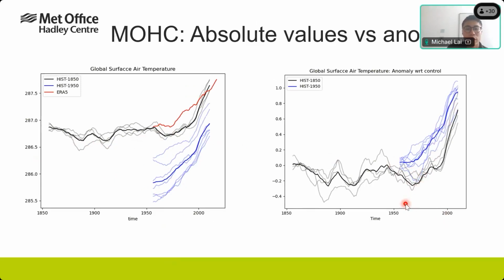So 2 questions stem from this. What is the reason why there's such a big difference in the absolute value of the historical run? And are the anomalies really that comparable between the 2 sets of runs? I'll look at the anomalies first.